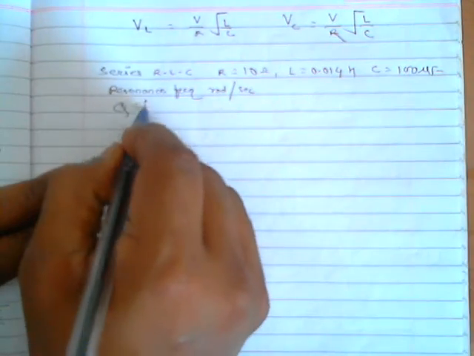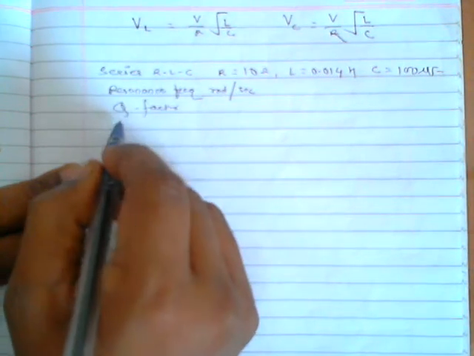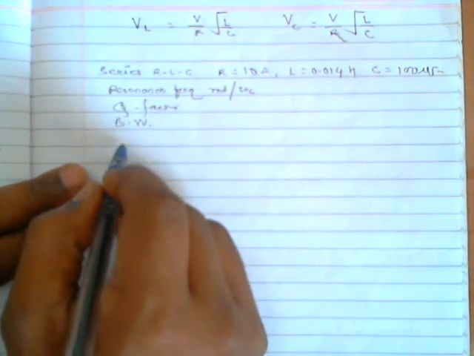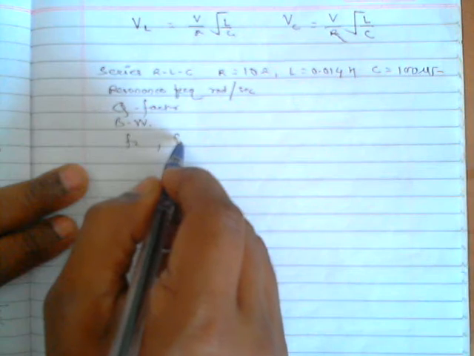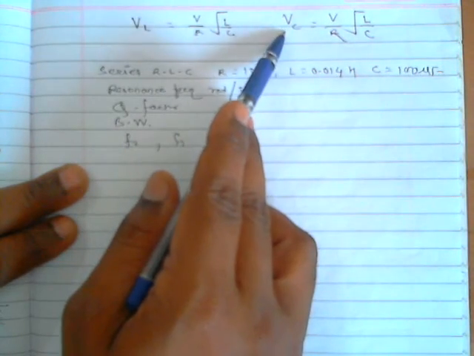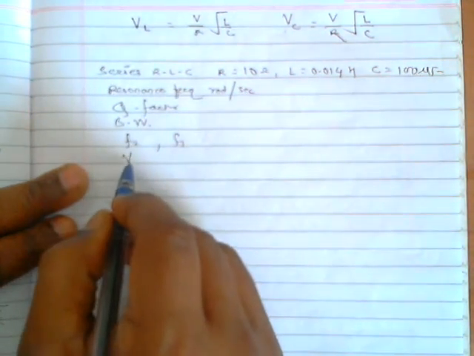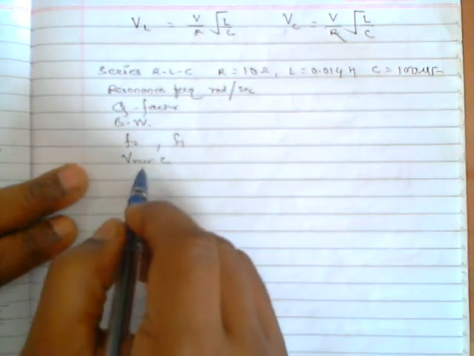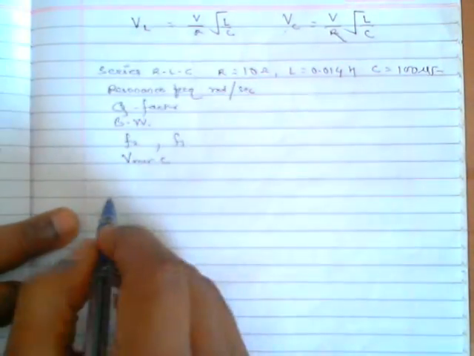Then the quality factor, Q factor. Then bandwidth. Then the lower and upper frequencies, that means f1 and f2. Then the maximum value of the voltage appearing across the capacitor, Vmax across the capacitor. Right? So let's start with the formulas.